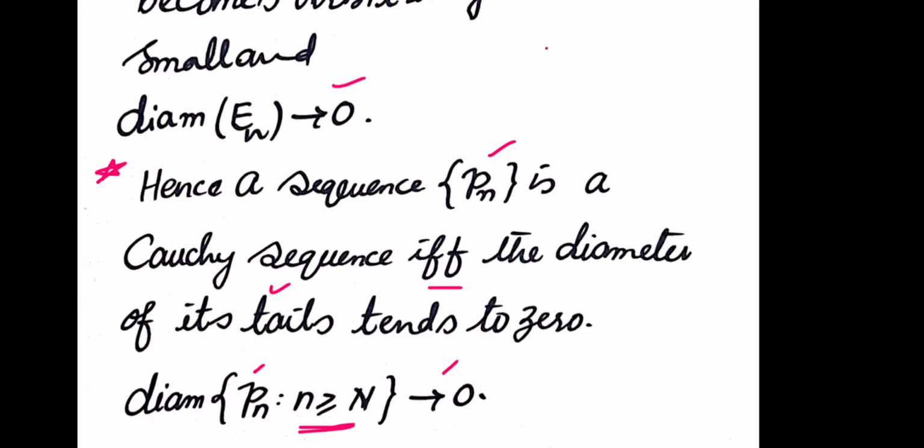For example, I have a sequence Pn equal to 1 over n, and I want to check whether this sequence is a Cauchy sequence or not. The simple concept is that you have to find the diameter of the terms of this sequence after some stage N. If the diameter of the terms of this sequence approaches 0, then absolutely this sequence will be a Cauchy sequence.